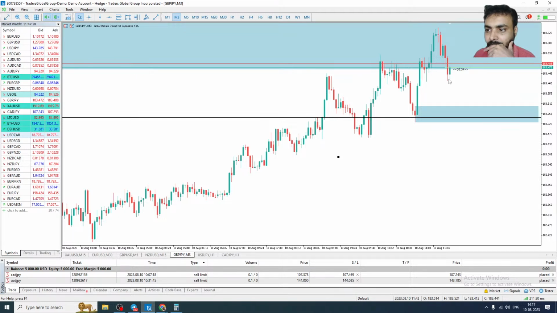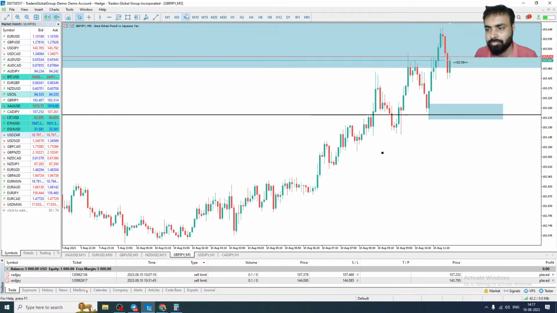Let's see, it's created equal low. Then I think it will come like this. It's not broken the low. It's not broken the 5 minutes swing point. The swing point is not broken.